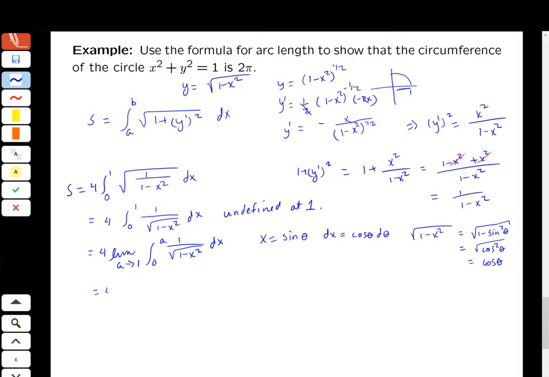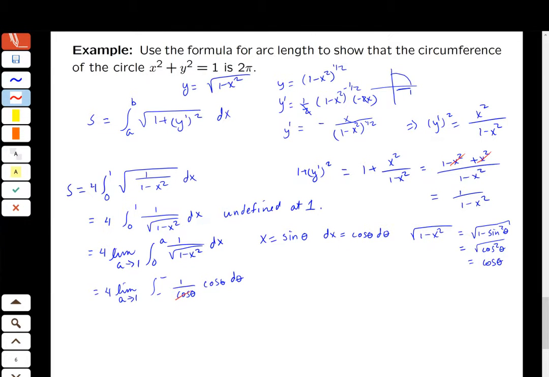So we get 4 times the limit as a goes to 1. I'm going to leave off the endpoints here because we're going to back substitute in a minute. And I get 1 over cosine theta, and my dx is cosine theta d theta. Does anything cancel?